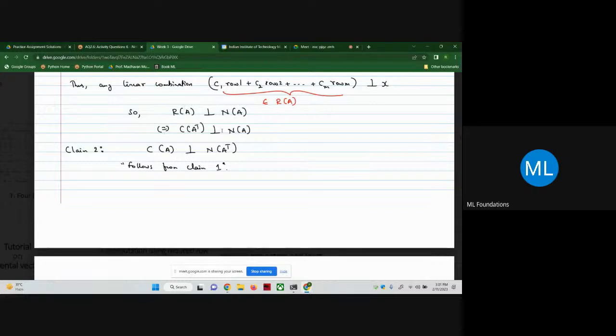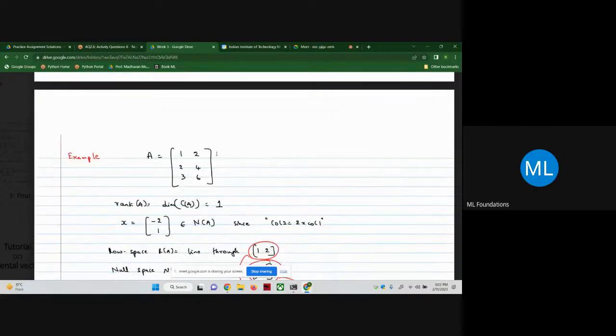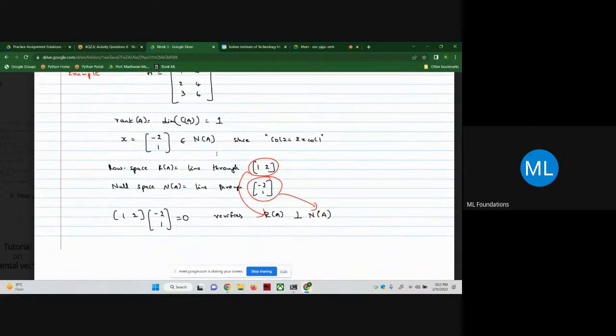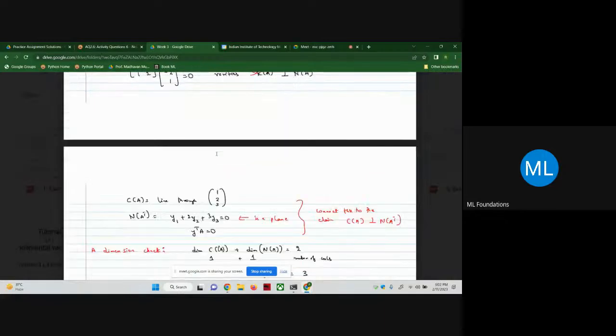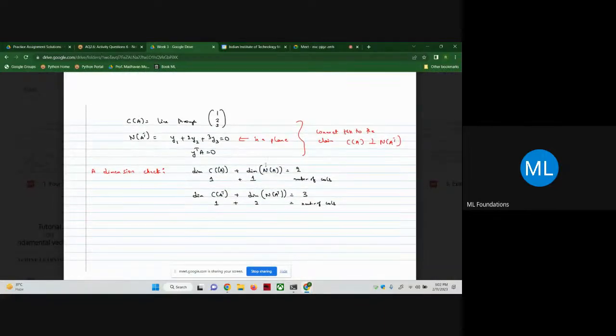The opposite of this is that the column space of A will be perpendicular to the null space of A transpose. That would also be clear, I guess. You can just cross check this. This is an example for that. The dimensionality check was checked here, whatever we discussed before.